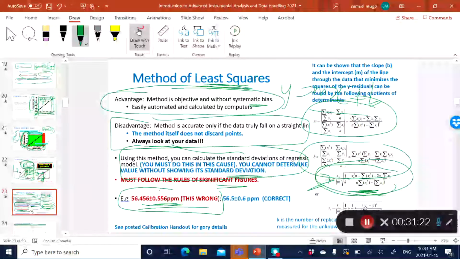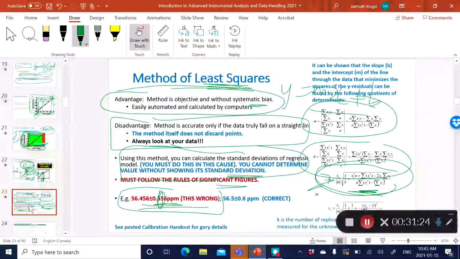Remember, the first number in your standard deviation that is uncertain should be the last number in your average. And so the correct way to represent these data would be 56.5 plus minus 0.6, because that is the first number where you are uncertain.